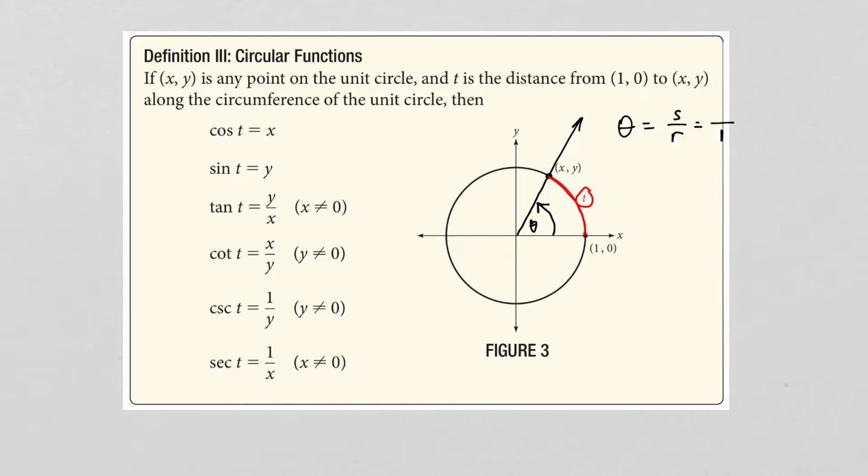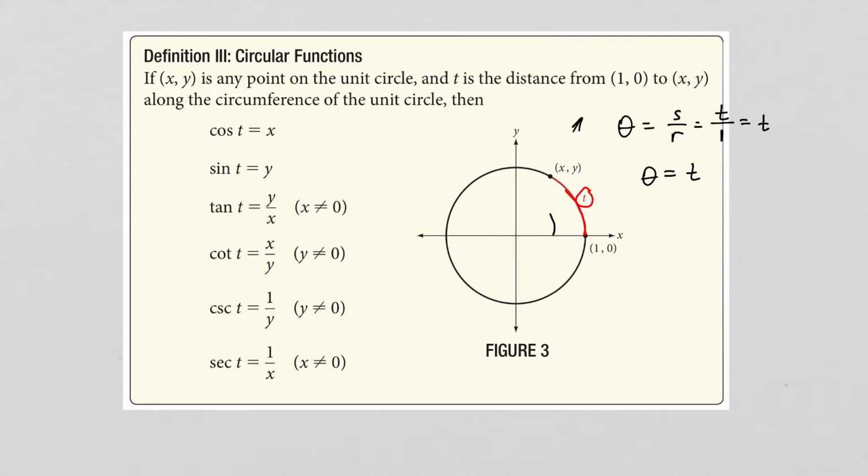So the measure of the angle theta in radians is t divided by 1, which is t. So for all intents and purposes, when we say the angle theta in standard position, that's the same thing as saying t, where t is the length of the arc intersected by that angle. Okay?